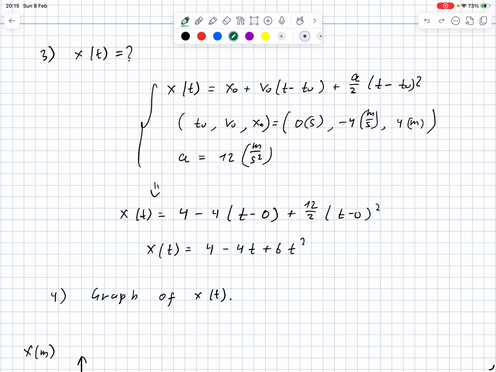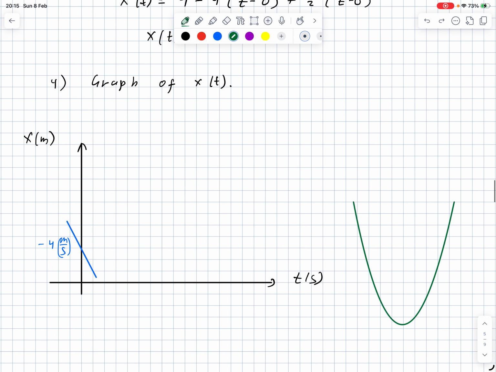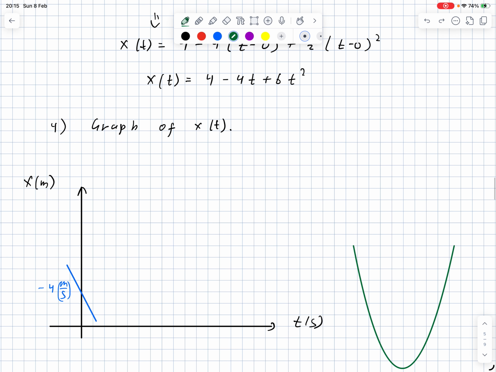And the next part, we need to draw this parabola. We need to see how it looks like.